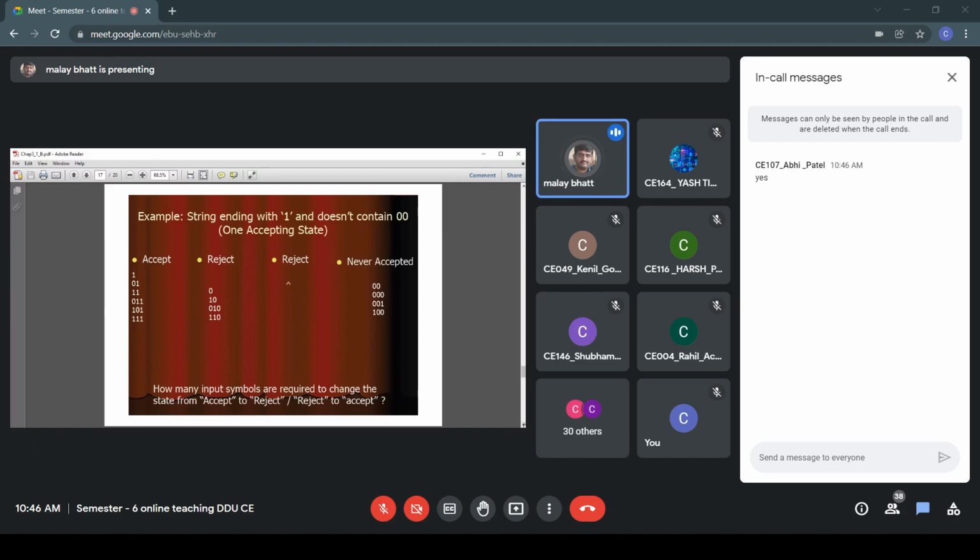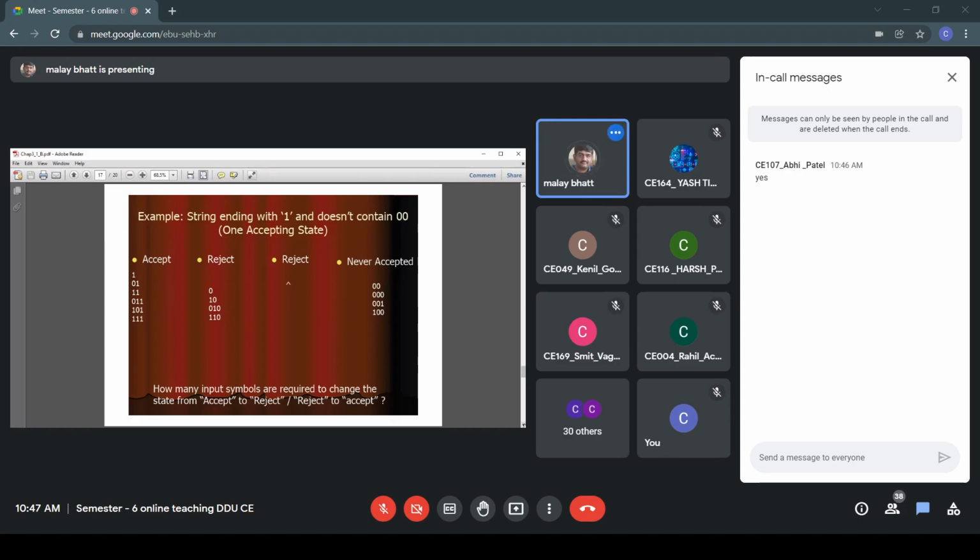So from null we have two different scenarios: 1, which is accepted, and 0, which is rejected. Also you can see that you cannot combine null with 0. The reason is, if I combine null with 0, then what will happen? 0 0 is never accepted.